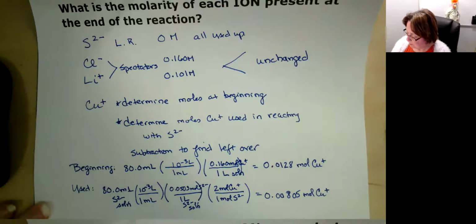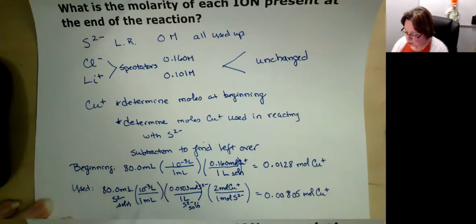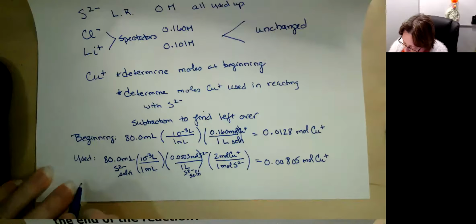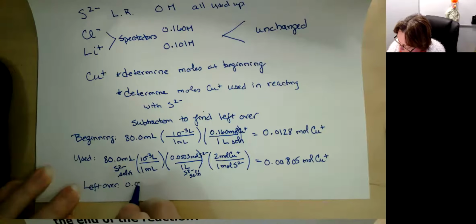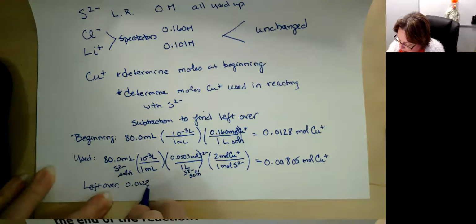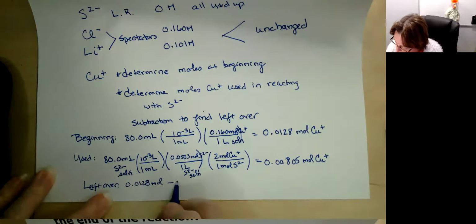All right. So now we know the moles of copper we had at the beginning, and we know the moles of copper that have been consumed. We have to do a subtraction. So the leftover amount of copper is our beginning amount, 0.0128 moles of copper, minus the amount that was used, 0.00805 moles.